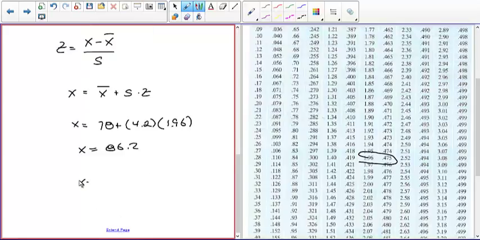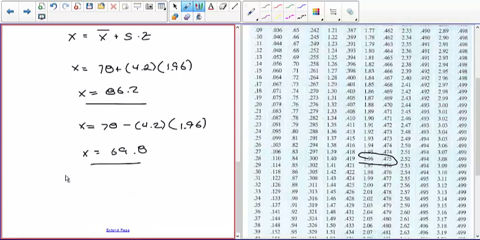And if I do the same calculation but subtract the standard deviation times the z-score, I get 78 minus 4.2 times 1.96, and I get 69.8. So those are the two numbers.